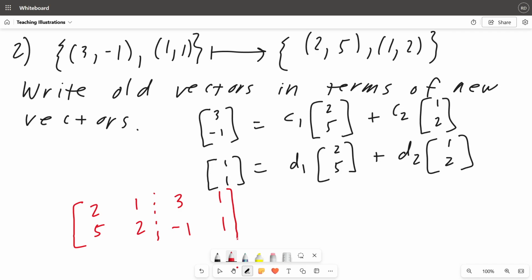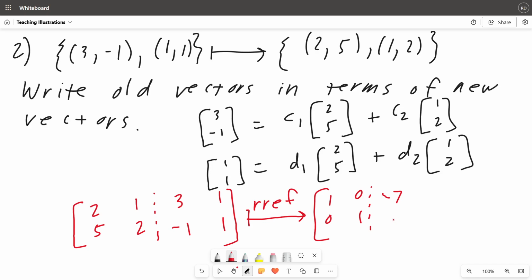As we said way back in the first chapter, if we're solving for two different targets with the same matrix, we just put two columns in a row and solve them both at once. As we row reduce, the left side will become the identity matrix, and then the right side will become our coefficients for both answers.